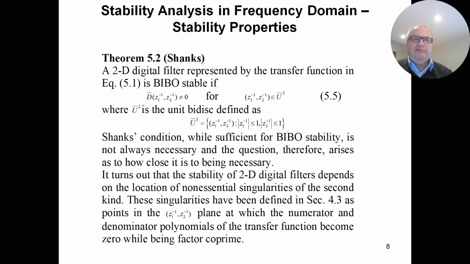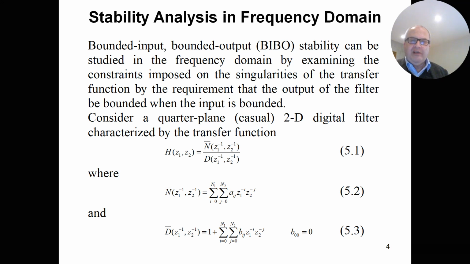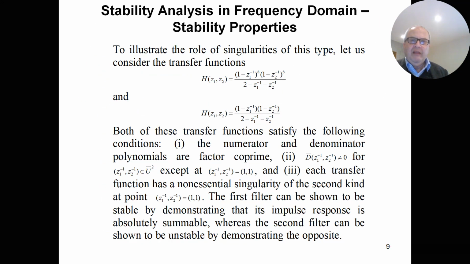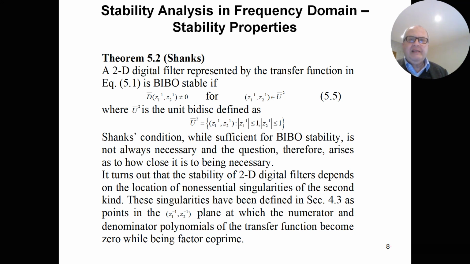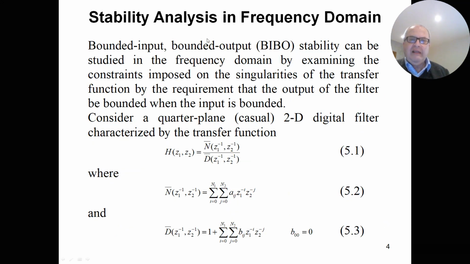The theorem of Shanks says that if you have a two-dimensional digital filter represented by the transfer function of this equation, then this system is stable in the BIBO, bounded input, bounded output sense, if the polynomial of the denominator does not have points inside the unit bidisk that vanish the denominator.